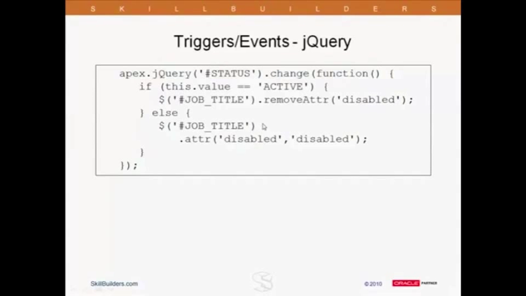They're just attached to a table. This change event takes an anonymous function. So in that way they're a bit alike and the same kind of code. This is referring back then to status, what just changed. If this value equals active, then we're going to remove the attribute disabled from the job title element. Otherwise, we're going to use attr again to set the disabled attribute to disabled.